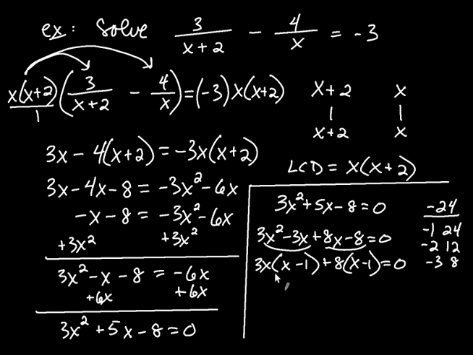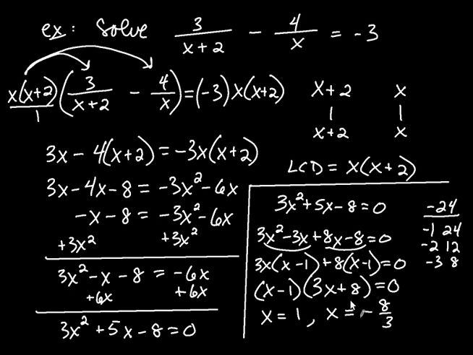Now from these two, you can factor out x minus 1, and you're left with x minus 1 times, well, it's going to be 3x plus 8, and then that's still equal to 0. Finally, you set each of these equal to 0, and you get x is equal to 1. That's from this. And then from the next one, it's going to be x is equal to negative 8 over 3. You get that when you set this equal to 0.